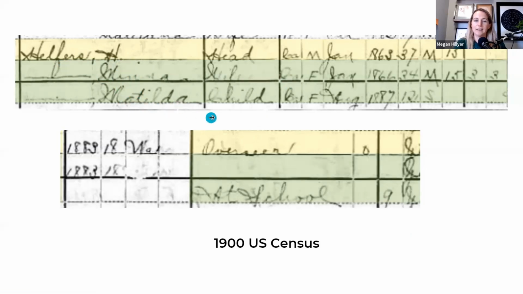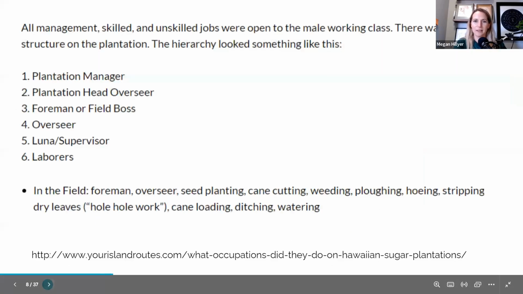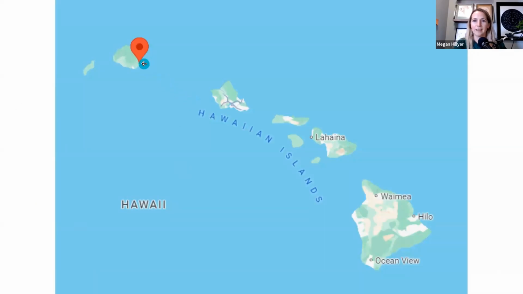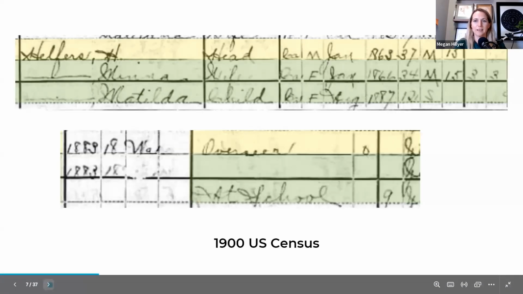I found them living in the census here and found her second great grandfather's occupation was overseer at a sugar plantation. Also on the census page, it provides where they were living. In the census, they were living here in Lahui on Kauai. And that shows exactly where they were living. We know that from the census.